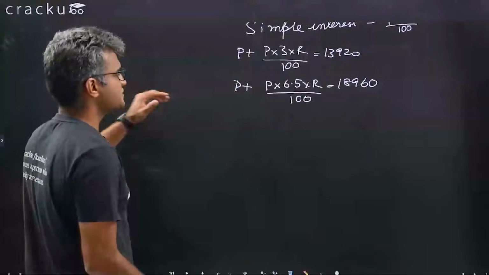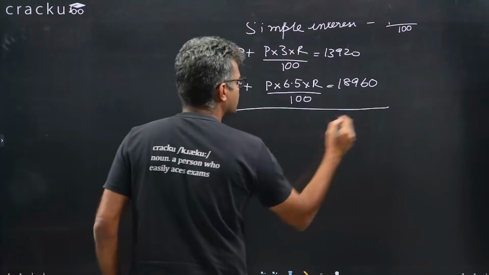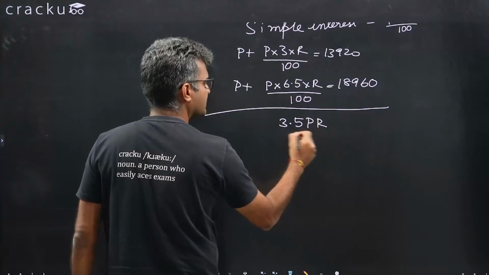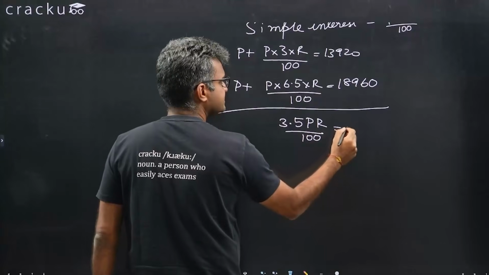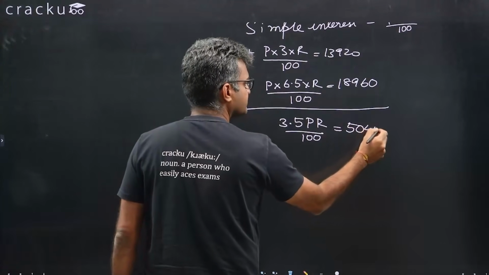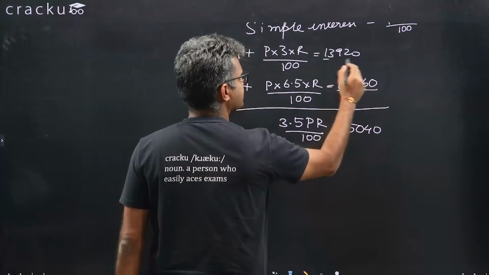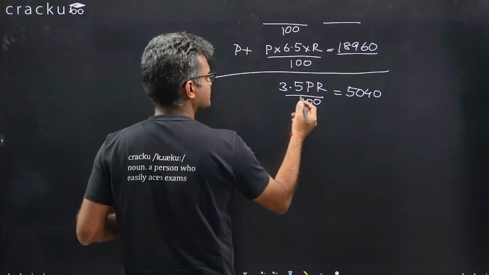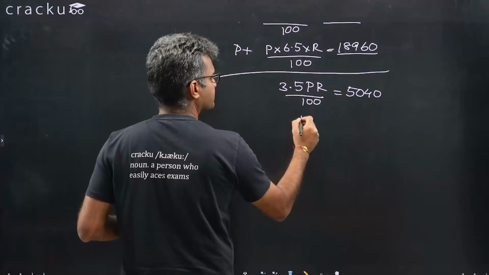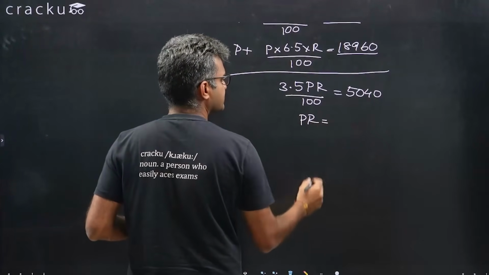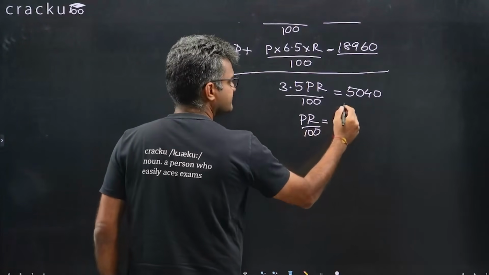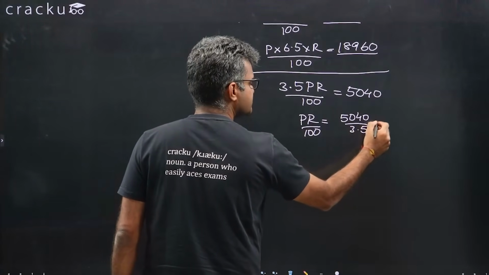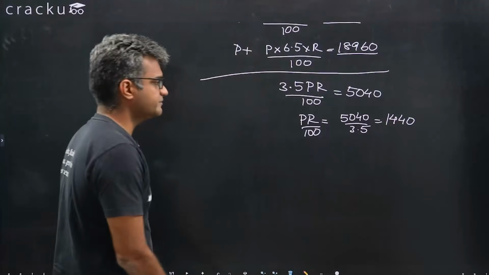So if you subtract one equation from the other, we are going to get 3.5 into P into R by 100 is equal to 5,040. This is 18,960 minus 13,920. You can simplify this. You are going to get P into R divided by 100 is 5,040 divided by 3.5, which will be equal to 1440.